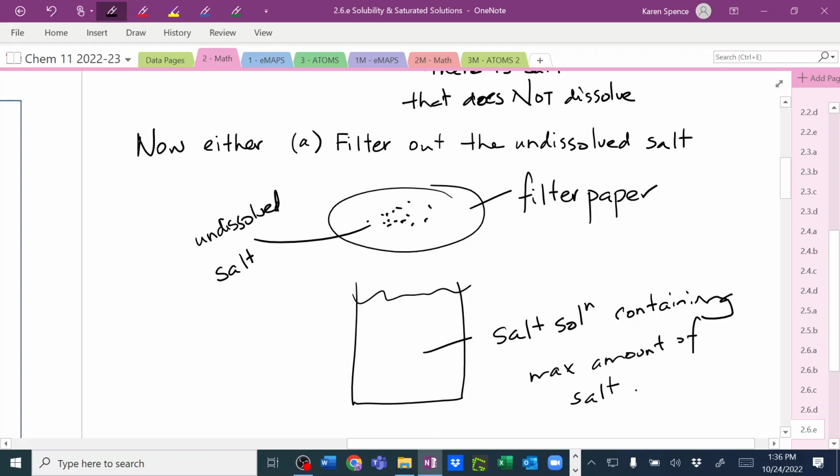You could go 2 routes on this. You could do something with this. You could do something with this. Chat with your partner. What would you do?